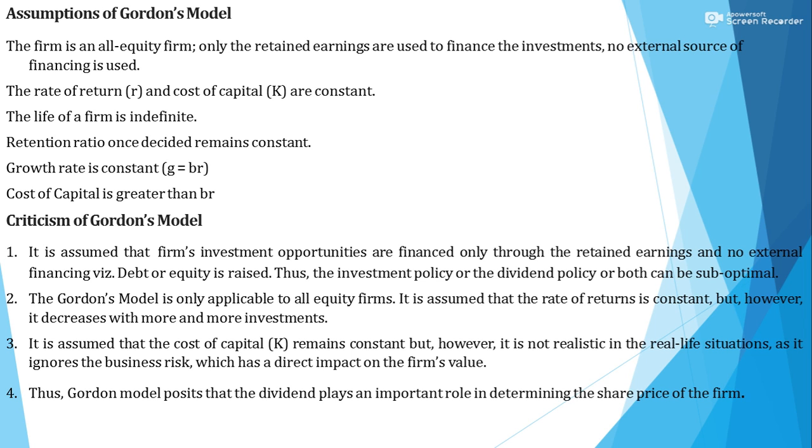It is assumed that the rate of return is constant, but it decreases with more and more investment. It is also assumed that the cost of capital remains constant, but it is not realistic because in real life it ignores the business risk, which has a direct impact on the firm's value. Thus, the Gordon model posits that dividend plays an important role in determining the share price of the firm.